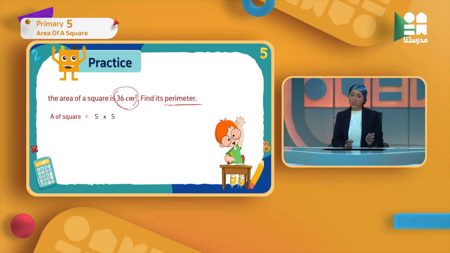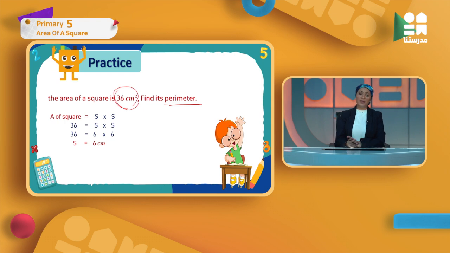So I'll substitute the area of square and I will just take away the term and I'll put the value instead. يبقى هنا هشيل area of square واحط بدلها 36 equals side times side. تاني time table لازم يكون محفوظ طبعا. ايه عندي النمبر that when I multiply by itself it gives me 36. Yes, it's 6 times 6. So 36 equals 6 times 6. Then my side length here in the square is 6 centimeters.